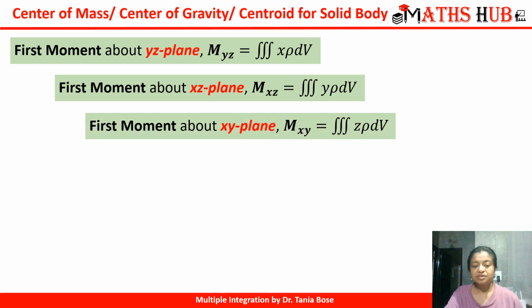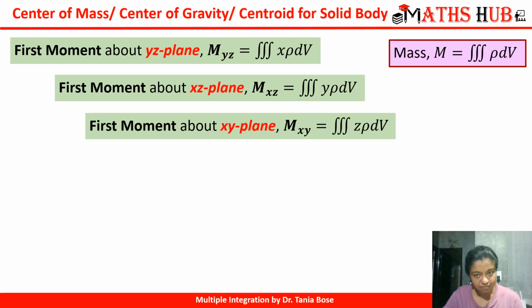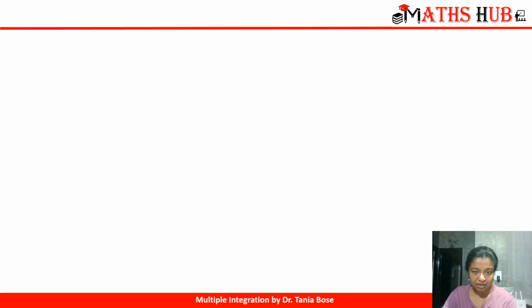And the first moment about the XY plane is given as Mxy, and it is triple integral z rho dV, right? From here, the mass is given by triple integral rho dV, right? The density into the volume of that solid body.